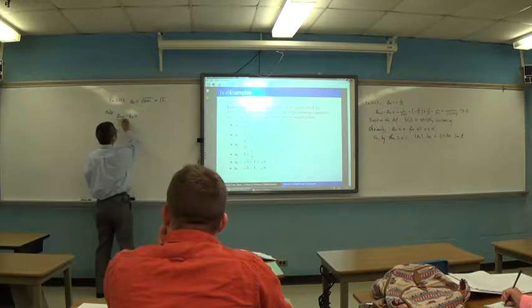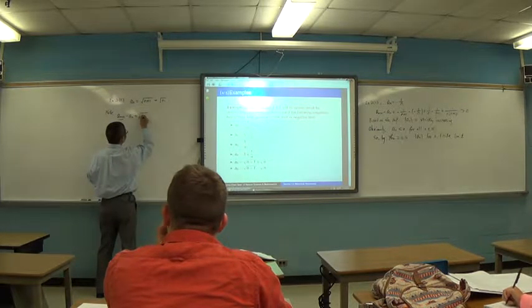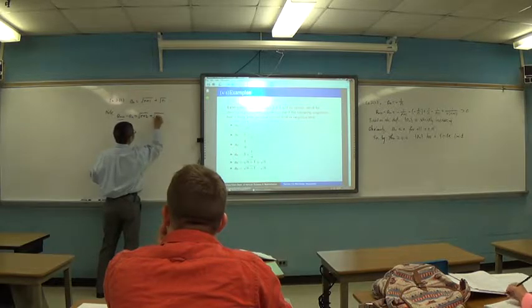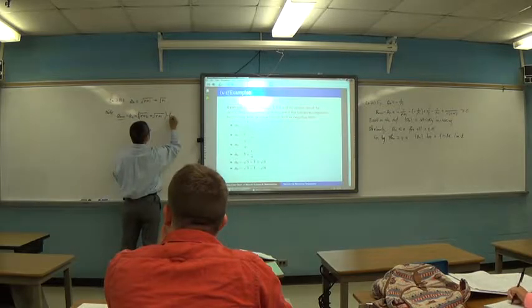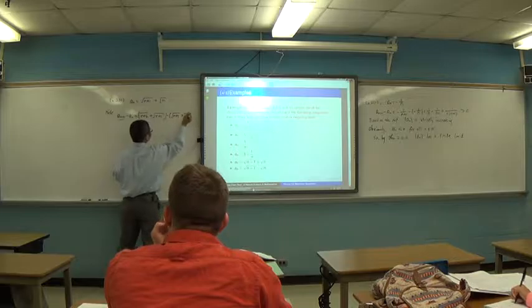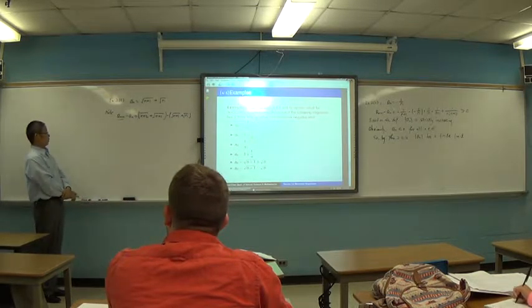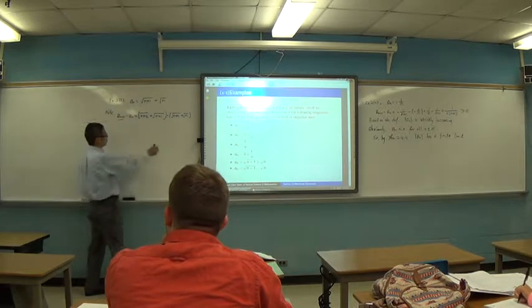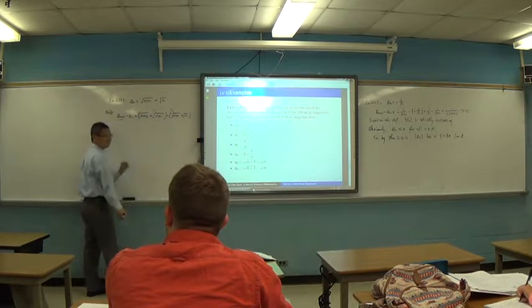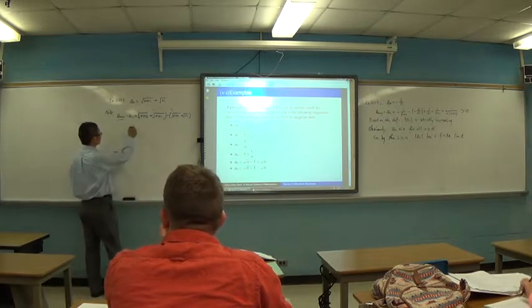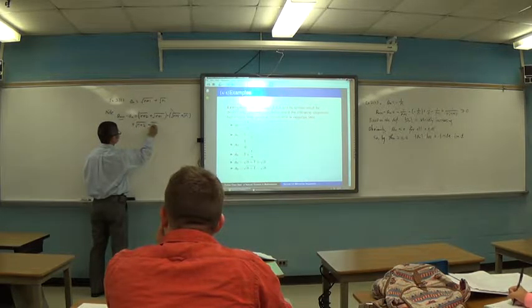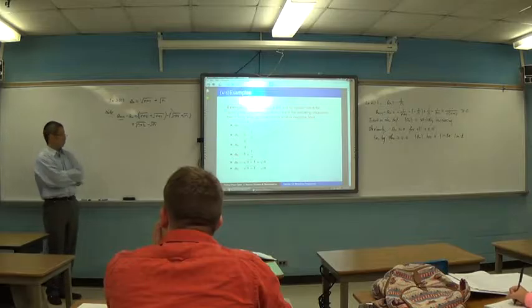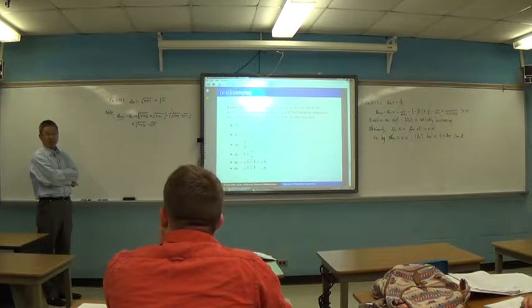For a_{n+1}, it should be square root of n plus 2 plus n plus 1, minus the difference. So this becomes square root of n plus 2 minus square root of n. Obviously, this is positive.